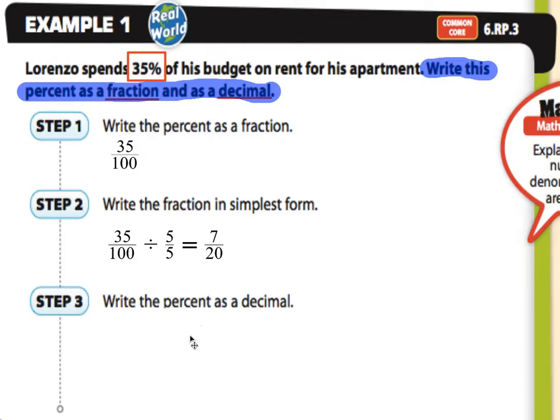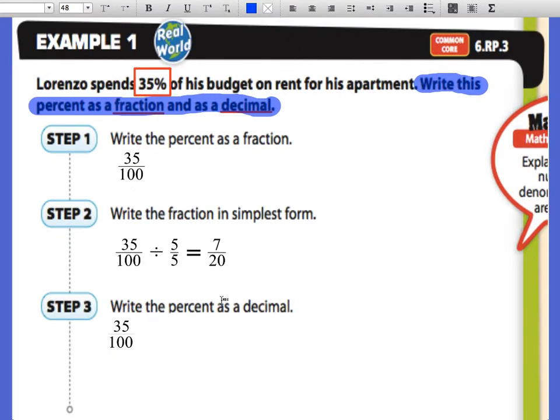Now, what I want to do is go back to writing the percent as a decimal. First and foremost, I can look at 35 hundredths, and converting 35 hundredths as a fraction to a decimal tells me what place value I need to stop at. In this case, I have no whole numbers, so it'll be 0.